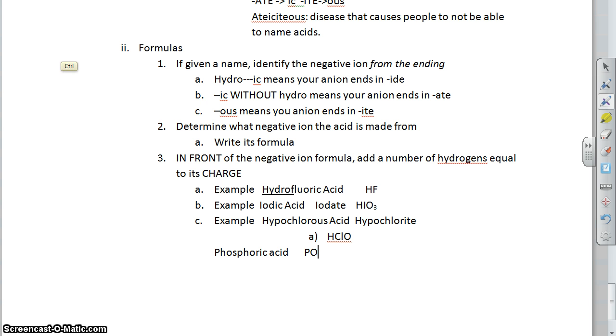Oh, that is on our ion sheet. It's PO4 -3, and a lot of this is just knowing your ions. You can see now why it's so helpful to know your ions. So we need to put H in front of it. How many H's this time? That is right. 3 of them. And then we always erase the charge when we're done. So that is how you name and write formulas for acids.